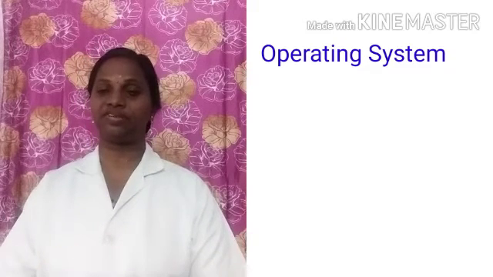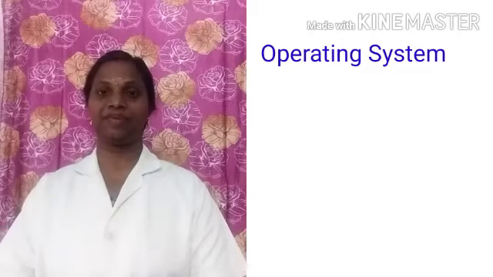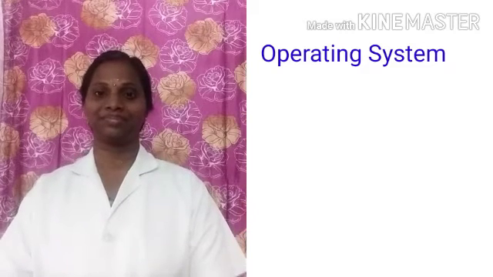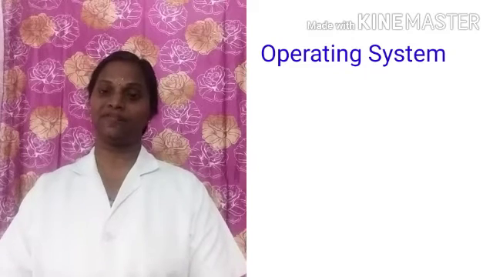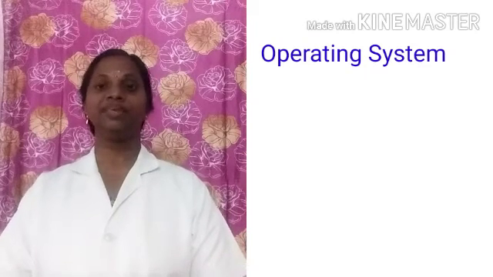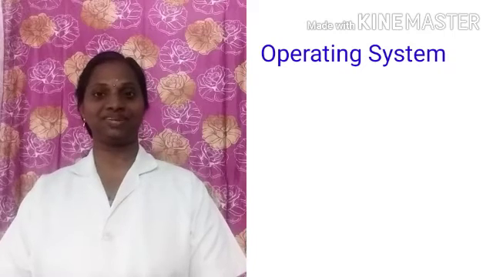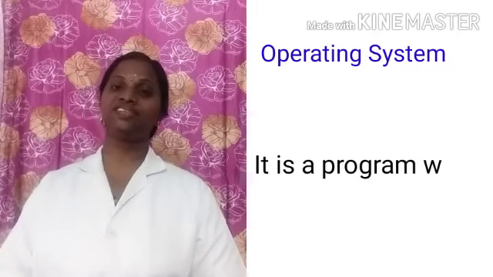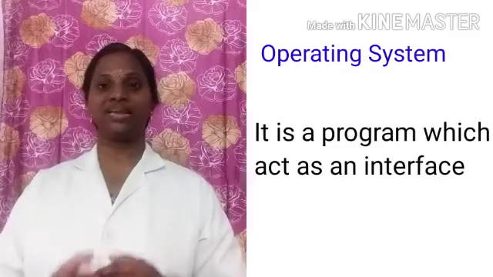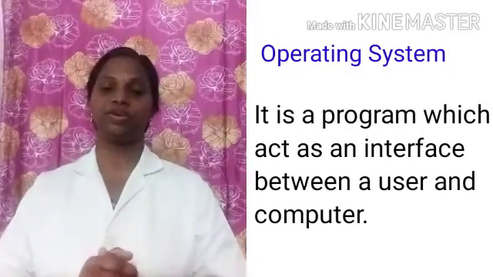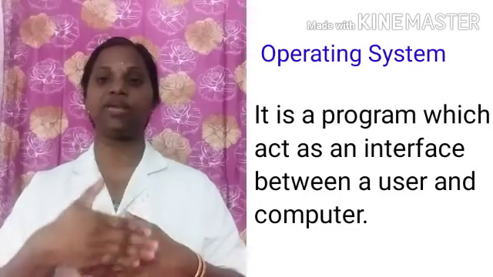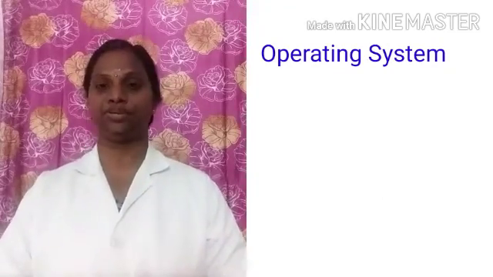Now we are using different types of operating system: Windows, Android, Linux, Ubuntu. So, what is meant by operating system? Operating system is a type of software that acts as an interface between user and computer.